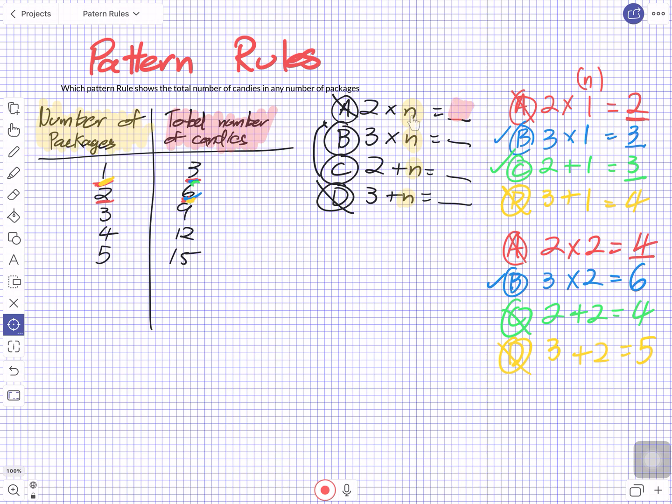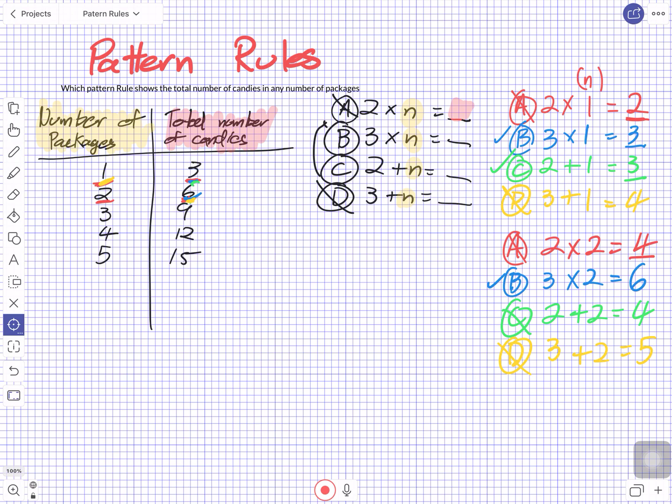Okay. And that's what N represents. N is just representing, in this case, the number of packages, but they also will call this the term number. If you're doing a pattern, this number 3 is term 1. Number 6, I know it's hard to see, is term 2. Number 9 is term 3. Number 12 is term 4. Number 15 is term 5. N is the term number every time.